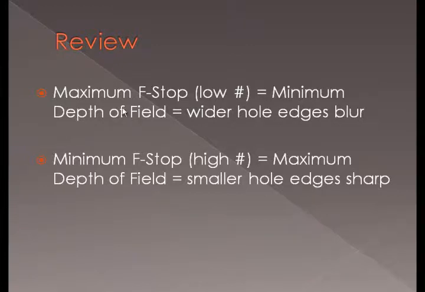If you want to think maximum, wider hole blurs, maximum and wider are both the bigger. If you want to do minimum and smaller hole, smaller holes are sharp. Whatever little memory trick that you can use that will help you best remember, jot that down. Take whatever parts of these equations here and jot them down in a way that's going to help you remember, because everybody learns differently.